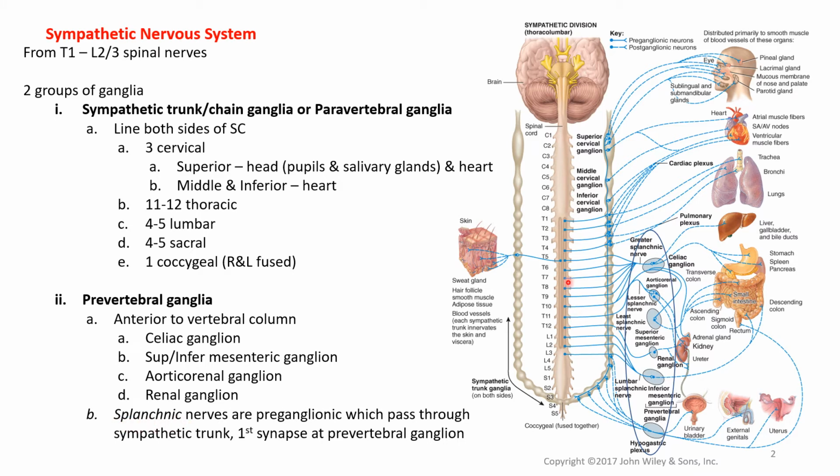And I'm going to show you the splanchnic nerve on another slide in more detail, but the splanchnic nerve is the type of nerve that's going to be coming through to that prevertebral ganglion. So it is a preganglionic neuron that just bypasses that sympathetic trunk or chain and goes straight to that prevertebral ganglia.